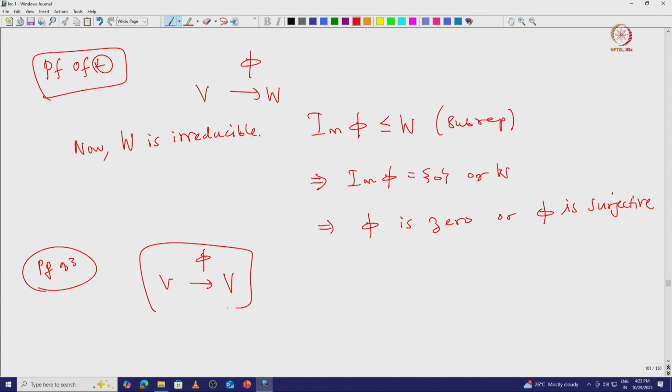This is an endomorphism of V, so pi has an eigenvalue, and in particular an eigenvector. So, there exists a non-zero vector v in capital V such that pi of v becomes lambda.